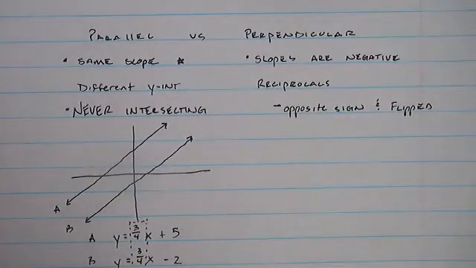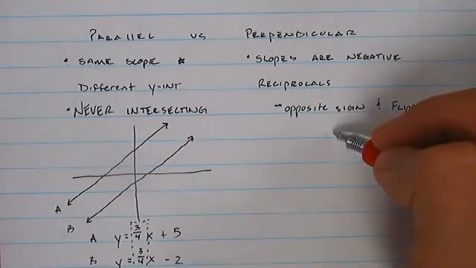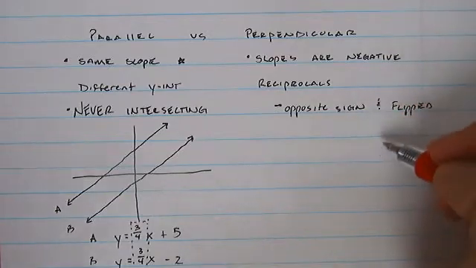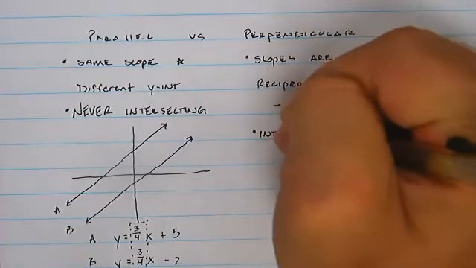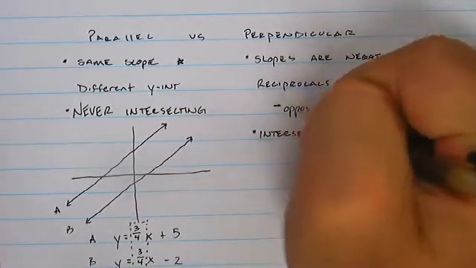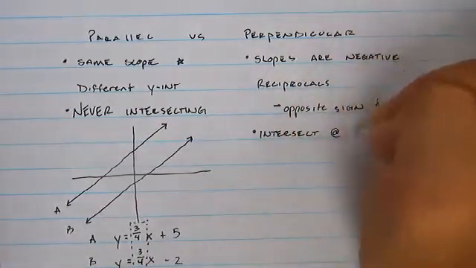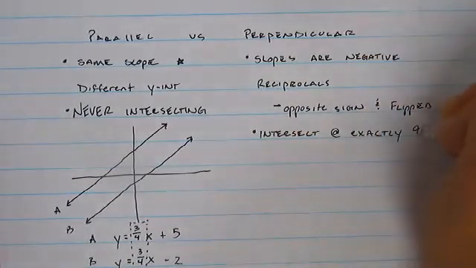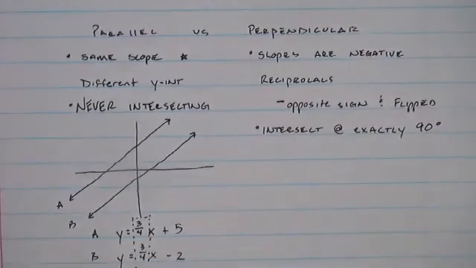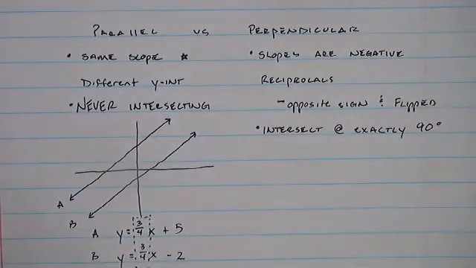That's not what the negative implies here. The negative here implies opposite. So these most certainly intersect. These intersect at exactly 90 degrees. Okay, they intersect exactly at 90 degrees.